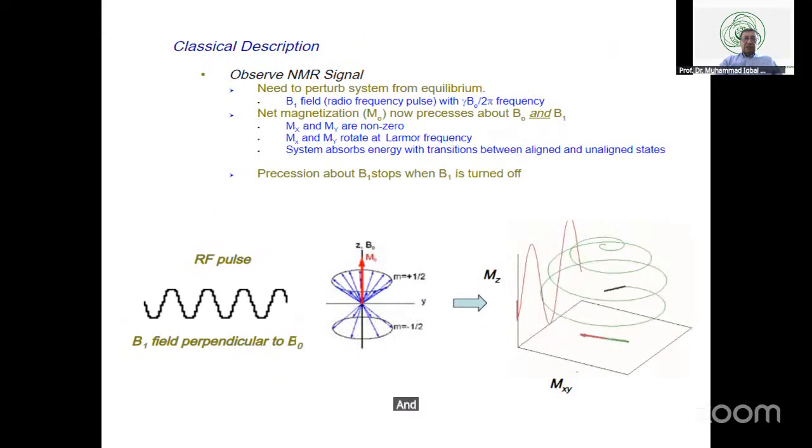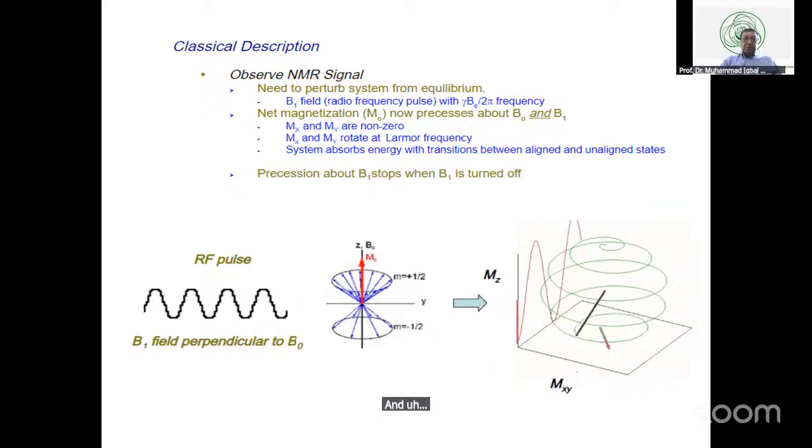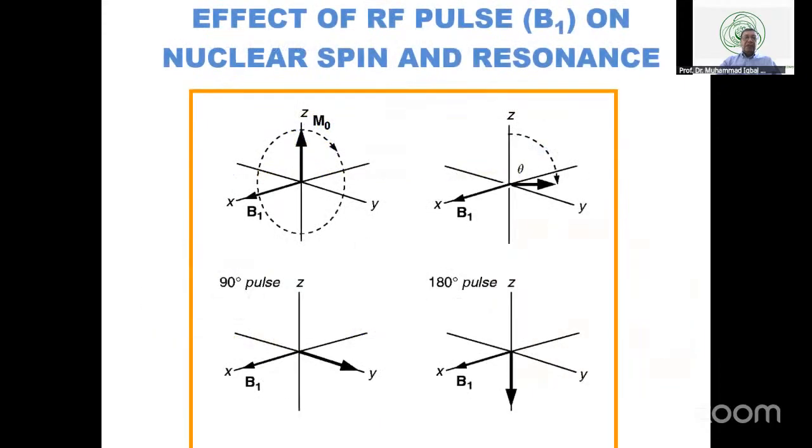And that is the most beautiful thing that happens in NMR spectroscopy. So nucleus spin M0, radio frequency pulse B1, which you are giving perpendicular to the system of M0.